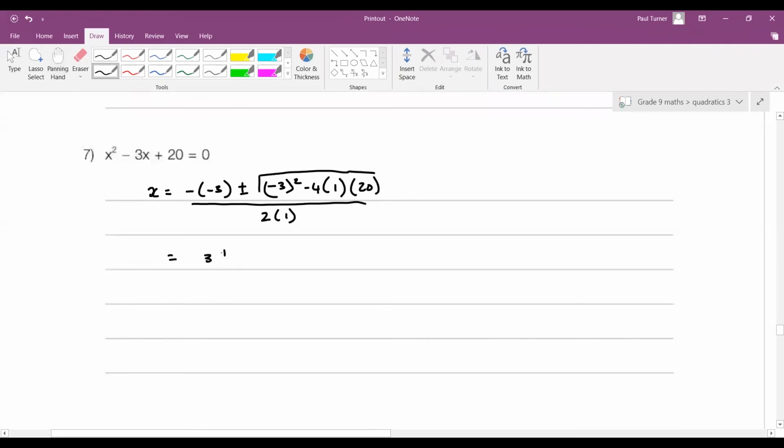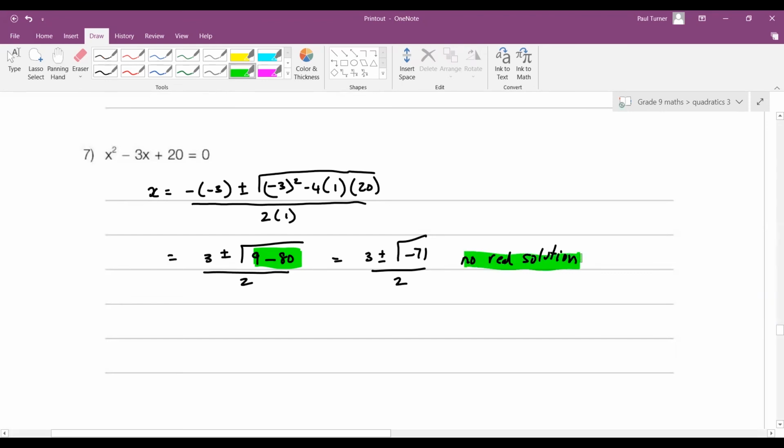Okay, so we'll have 3 plus or minus 3 squared is 9, and you're going to end up with 4 times 20, minus 80. So you can see already we can't get a solution because this number here is negative. Okay, so you'll end up with 3 plus or minus the square root of -71 on 2. So this is no real solution, as the answer for that one here.